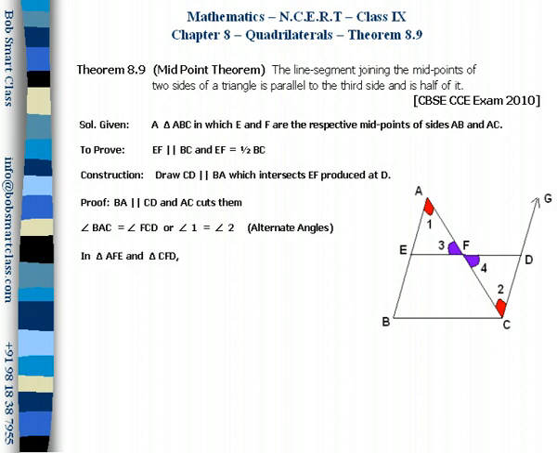Now in triangle AFE and triangle CFD, we have angle BAC equals angle FCD, or angle 1 equals angle 2, as we have proved above. And we have AF equals CF, which is given in this theorem.